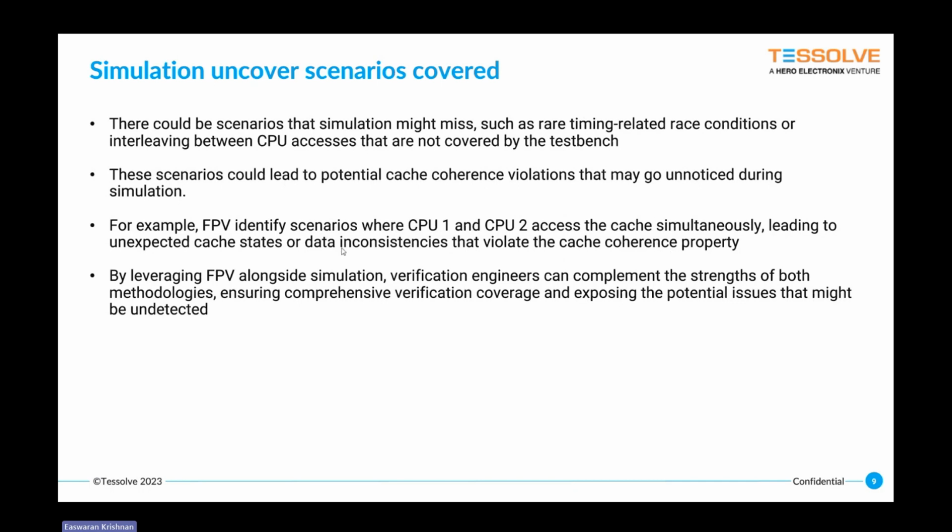In simulation, there is a delay between one transaction and another transaction. But in formal, we can create a number of scenarios without any delay, so at that time we may find some unfound bugs, where the state goes to unpredictable states. So we can find more bugs in this way.